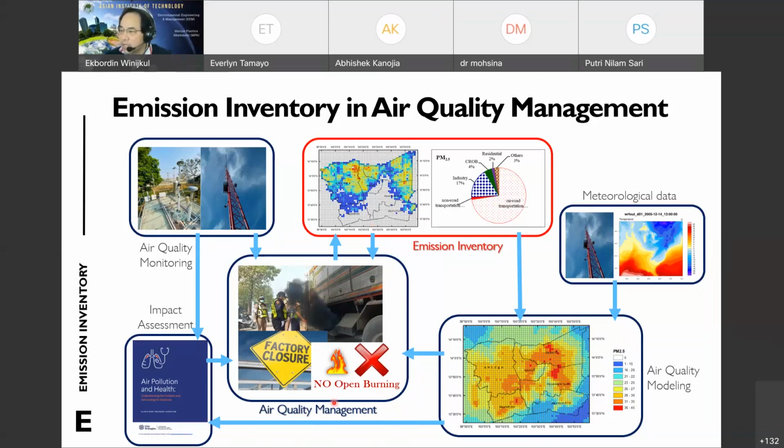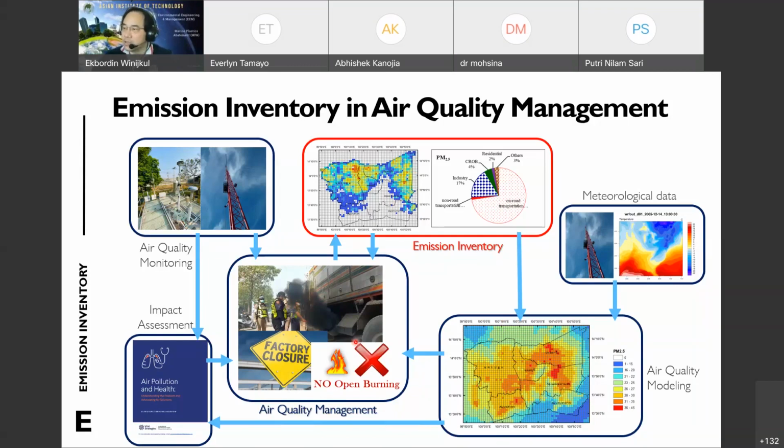And also, if based on air quality management you identify some policy, like you need to stop open burning, you want to know what the impact will be on the emission and the concentration. Then you revise the emission inventory, remove open burning from it, and put that new emission inventory into air quality modeling. You will get a new concentration based on the policy that you applied.